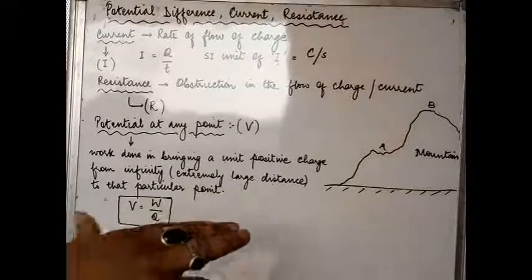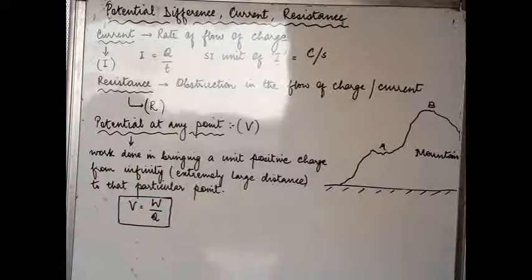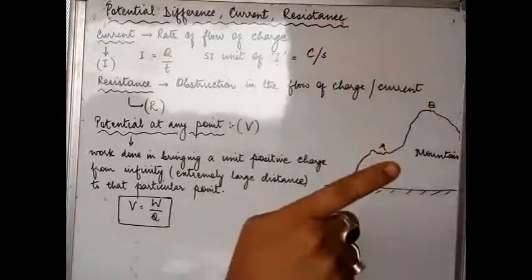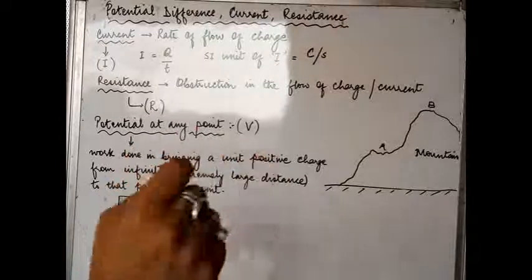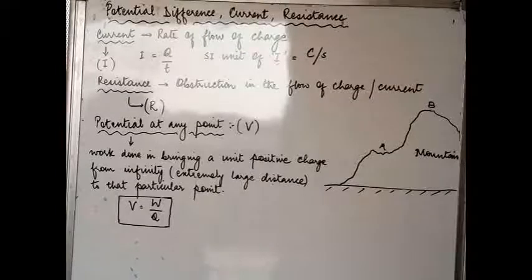As long as the ground is level, as long as there is no difference in the heights, the ball will not move, the ball will not roll. But the moment you create a slope, the moment you create a difference of height at the two ends, the ball rolls down. So that difference of heights causes the ball to move. Similarly, the difference of potential will cause the current to move or the charge to move, or the electrons to move. So that is essential as far as the word potential difference was concerned.